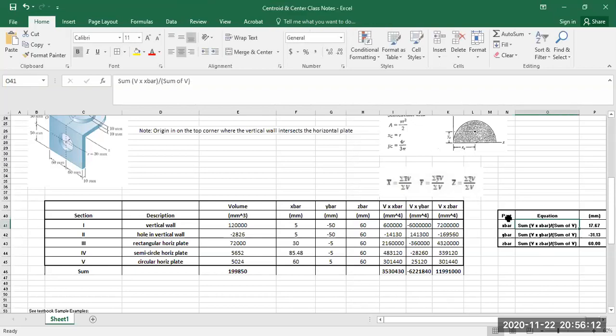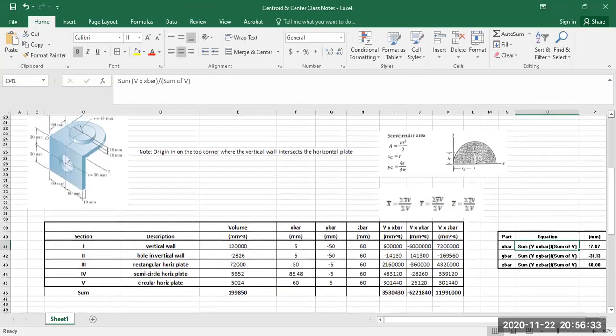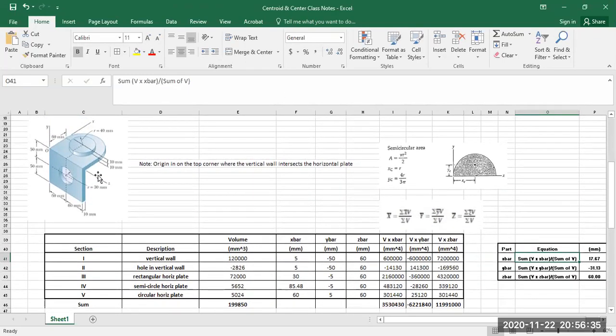So for this whole part, X bar is the sum of the V times x bars divided by the total volume, and comes out to be 17.67 millimeters. The Y bar is negative 31 and the Z bar is 60. So let's take a look, does that make sense to us? Well, we already mentioned that in the Z axis, the center of this whole thing is at 60, and it turns out to be 60.